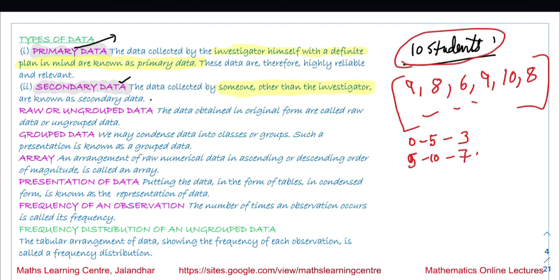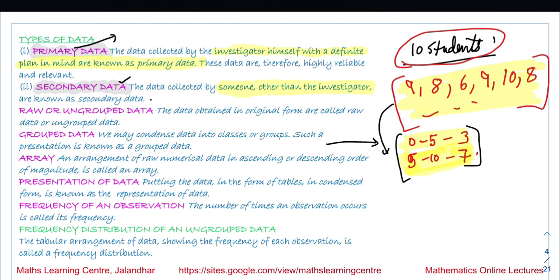So from this data we are saying that 3 students have marks between 0 and 5, and 7 students have marks between 5 and 10. So what we have done is we have grouped this data.